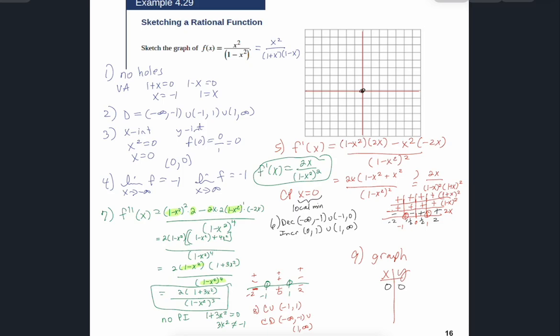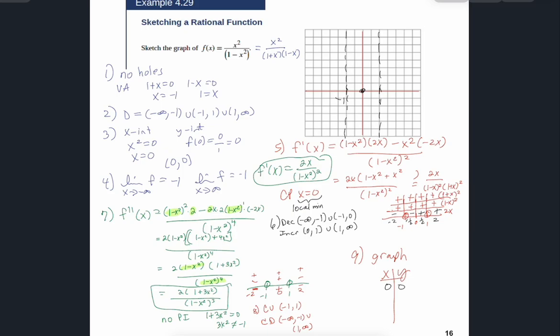Okay, so there is a vertical asymptote. Let's make this -1 and this +1.